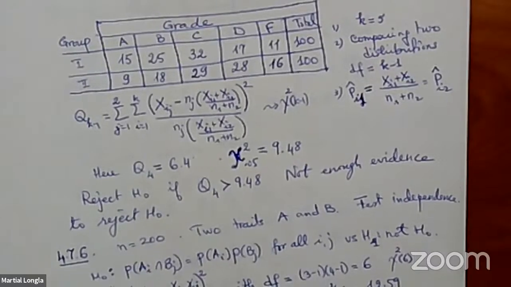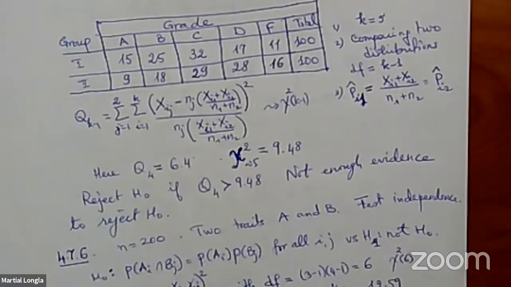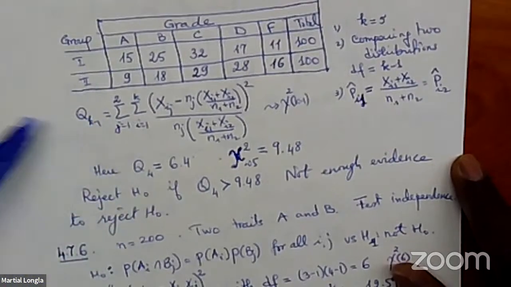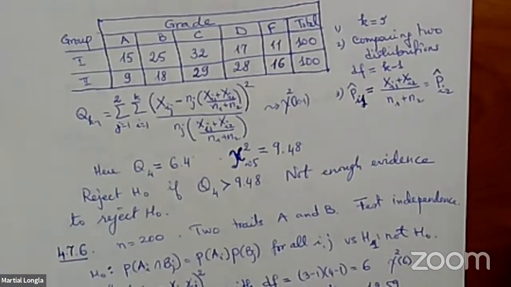Now, an extra question could be asked at this point. Given what we did in the previous problem, if I ask you in this problem to find the p-value of this test, what would you give me as p? How would you find the p-value?